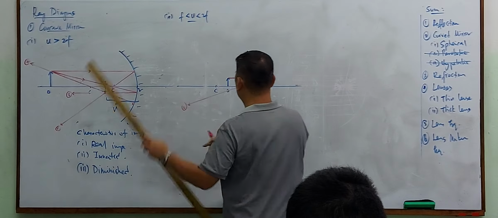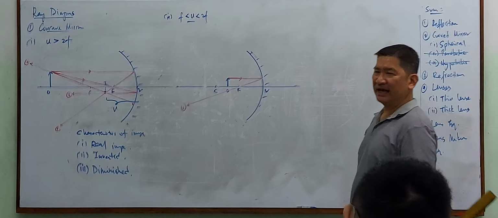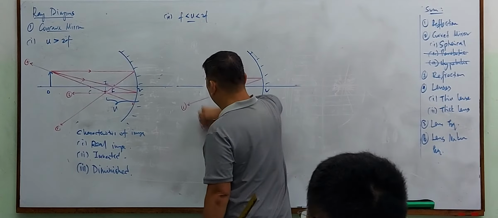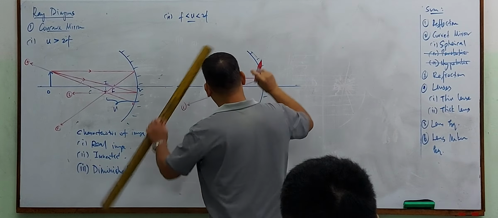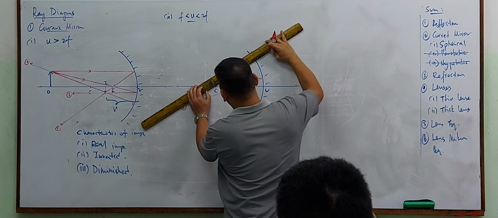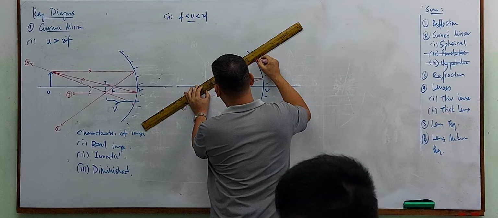That is number one. Number two, there will be one light passing through C and passing through the tip of the arrow, like that. So this is how we draw.